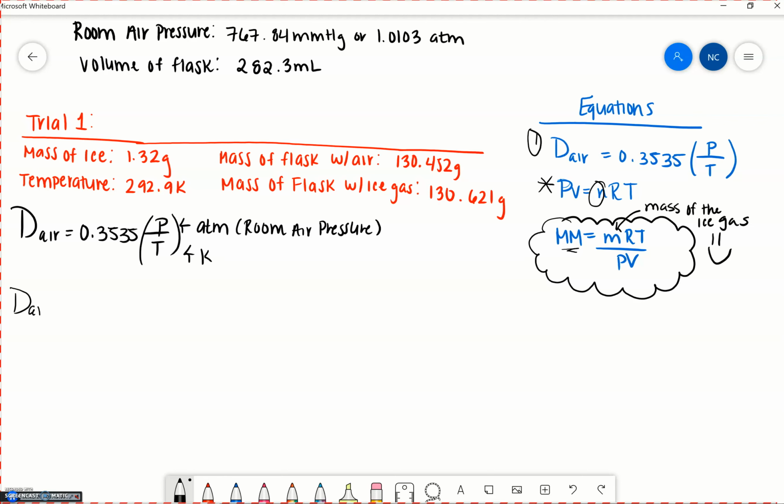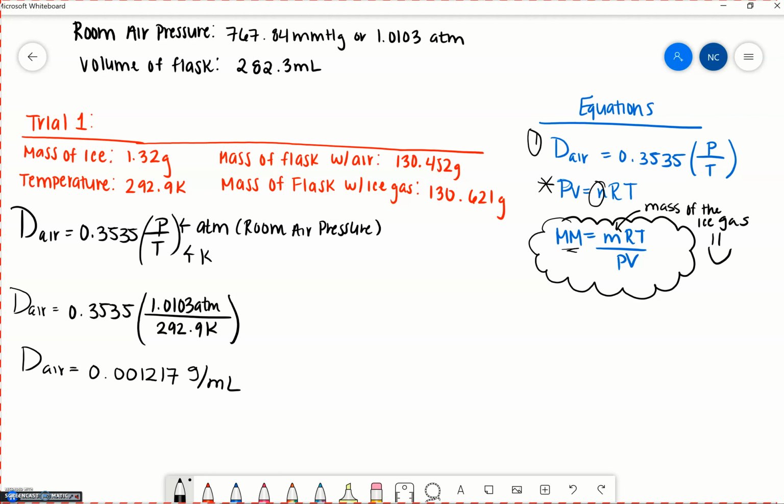So plug everything in: 1.0103 atmospheres per 292.9 Kelvin. When you do that, the density of air is 0.001217 grams per milliliter. So the atmospheres per Kelvin turns into grams per milliliter.